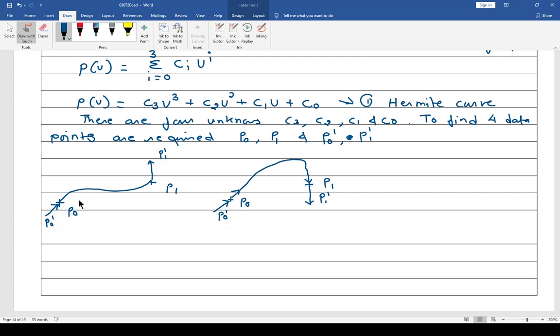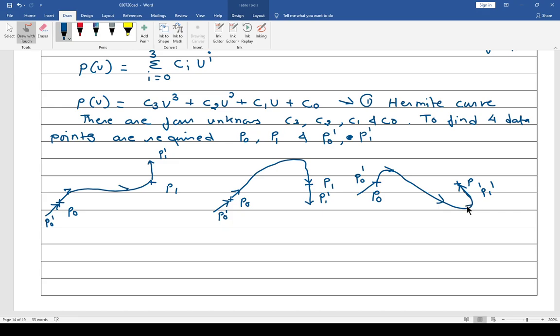It will always follow the tangents. Let's consider one more example. This is P0, and let us say I have the tangent vector P0 dash. Let us say this is another point P1, and this is the tangent vector P1 dash. So here in this case my curve would be like this.